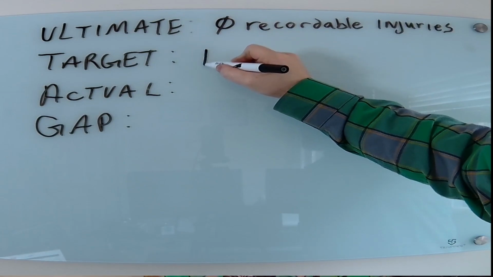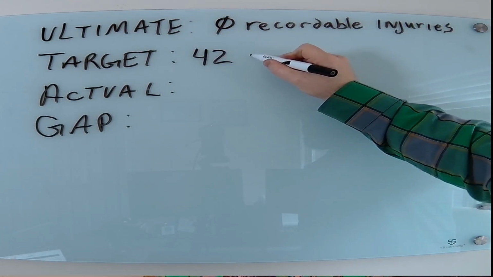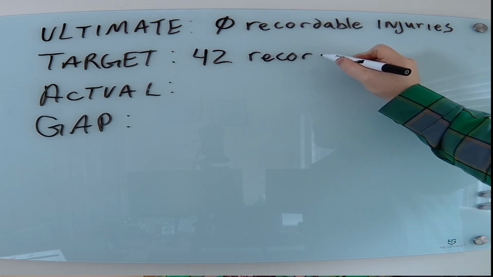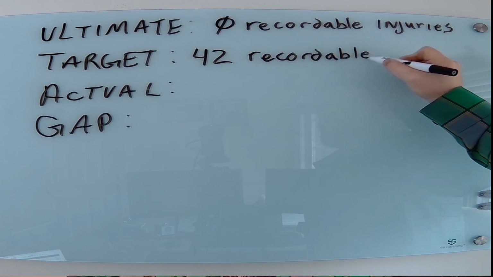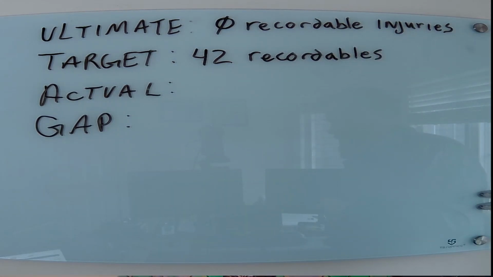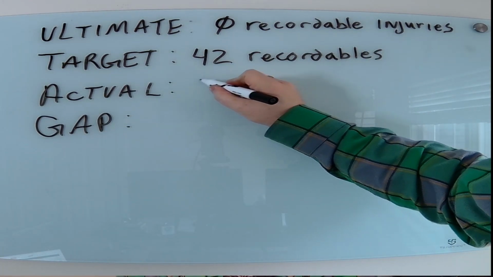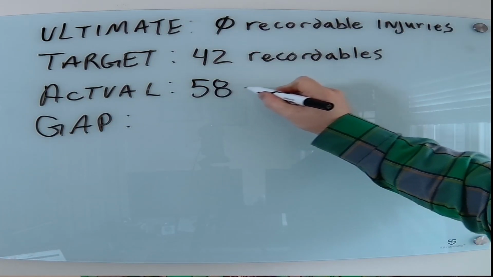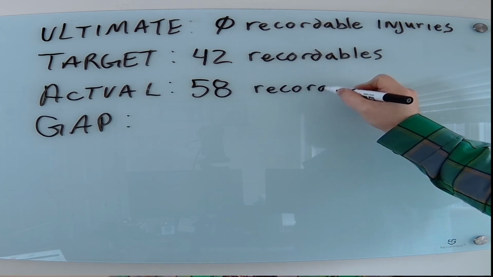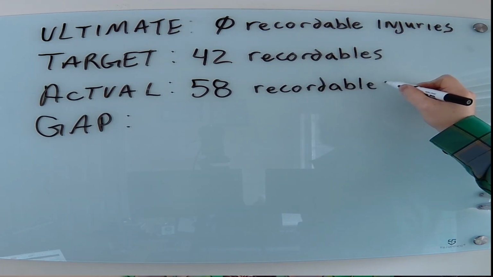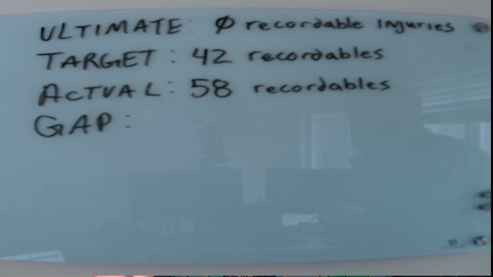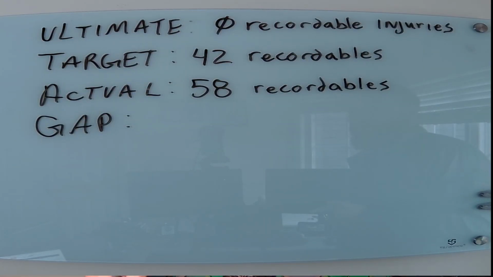So our ultimate goal and what we want to achieve eventually is 0 recordable injuries. Everyone goes home safe. Our target is, say, 58 or 64 or 85. And our actual is 90 or 94. So then we have that gap. You know, if your actual was 80 and your target is 70, you have a 10 recordable gap that you want to continue to problem solve to close moving forward.